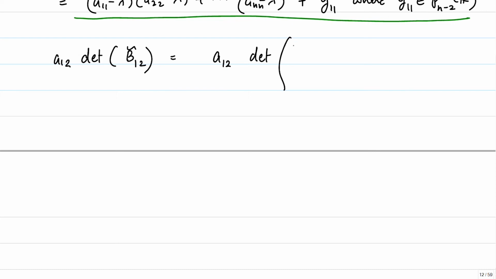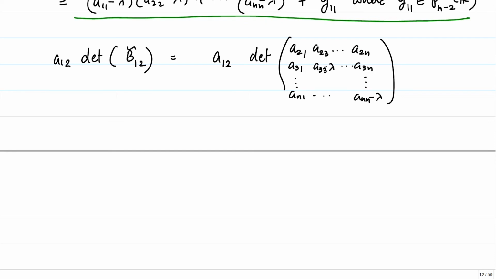So this is just going to be equal to the matrix with rows: A21, then A23 up to A2n; A31, the second column is removed, A33 minus lambda, A3n; and so on up to An1 up to Ann minus lambda. This is exactly what B12 tilde will be like.